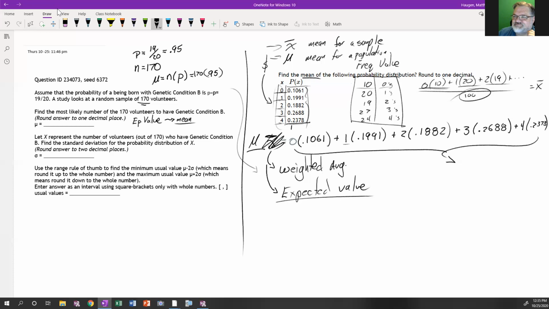So our mean is essentially a simpler argument. So we've got 95% chance that those 170 folks have a yes. So whatever 95% of 170 is, and you can find that value, that is our expected value.